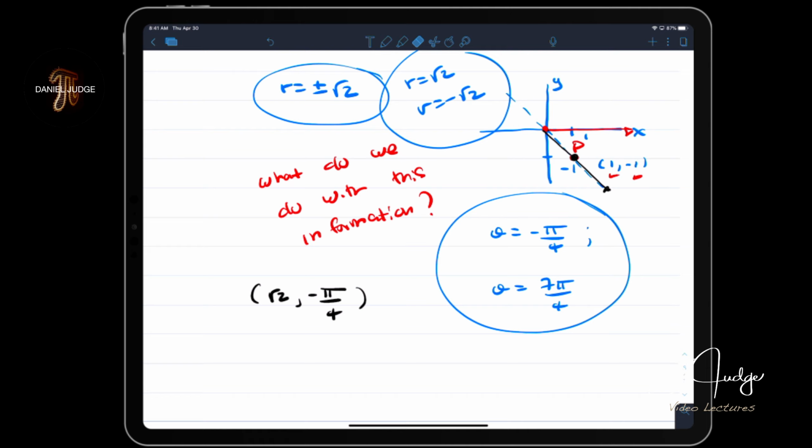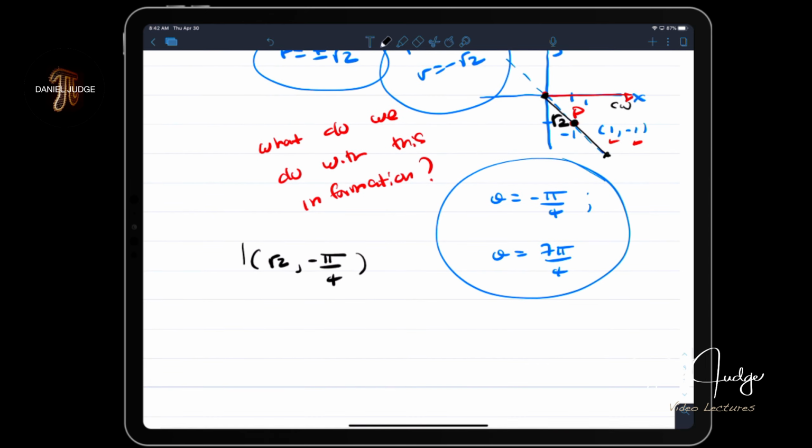This whole distance is the square root of 2 from the origin or the pole to that location. That distance is a little bit more than 1, remember? But we went in the clockwise direction. So that's why the angle is negative. So I can describe this location this way.